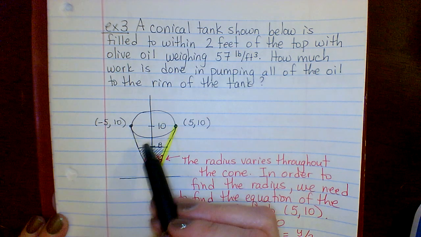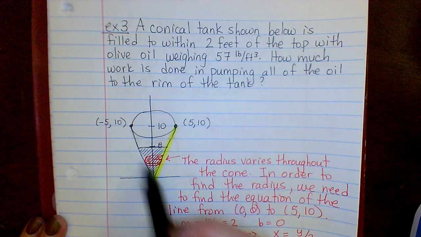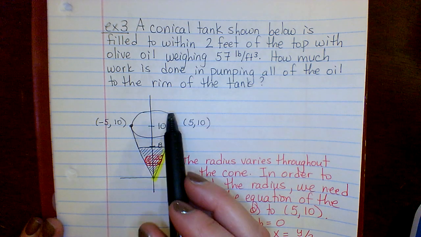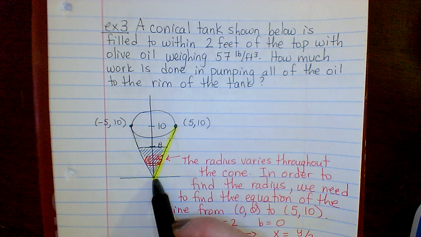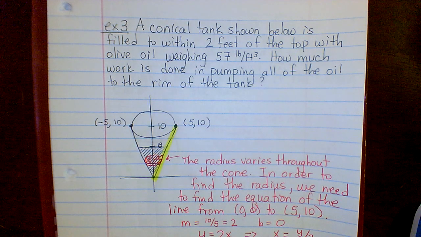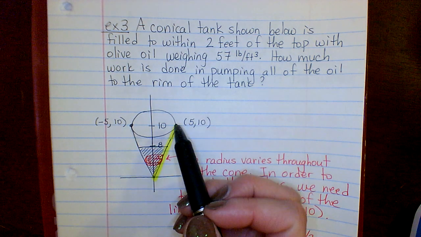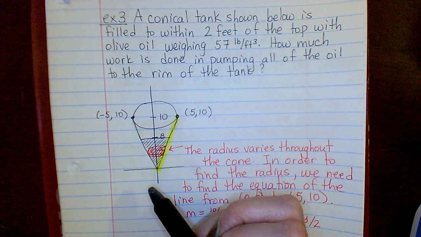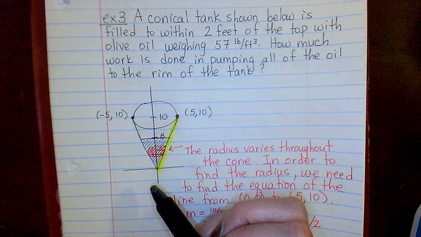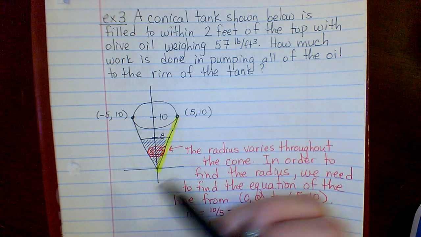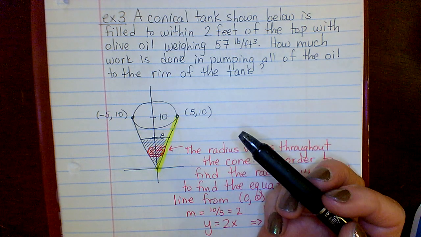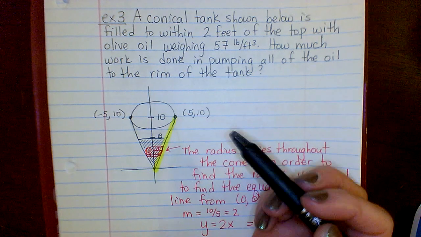So this conical tank looks like this, to where the circular base is upright and it's kind of sitting on this tip down here. This circular base has a radius of 5 units. And the conical tank itself has a total height of 10 feet.